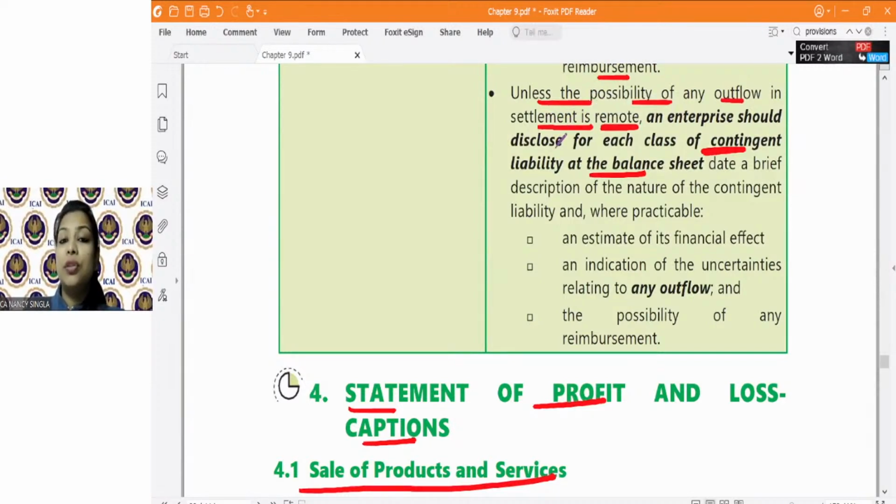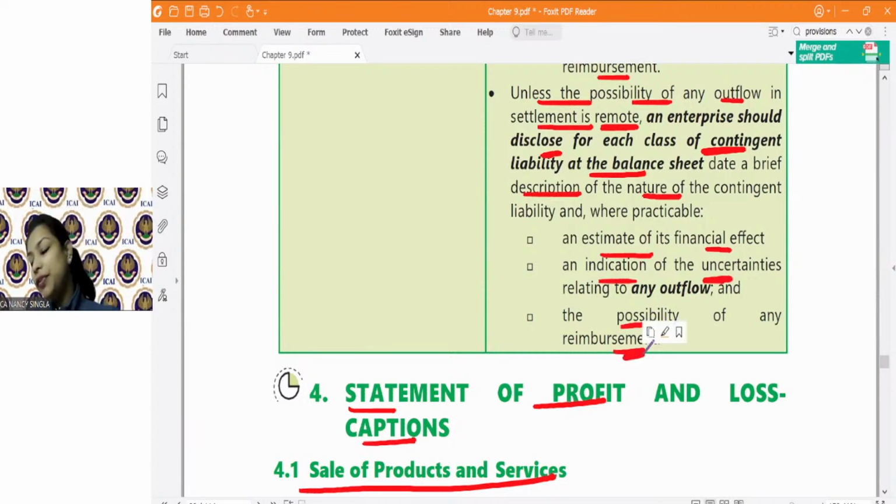An enterprise should disclose for each class of contingent liability, again, the description, the nature, estimate of its financial impact, indication of uncertainty, and possibility of any reimbursement. Okay? So is it clear? So is it clear?